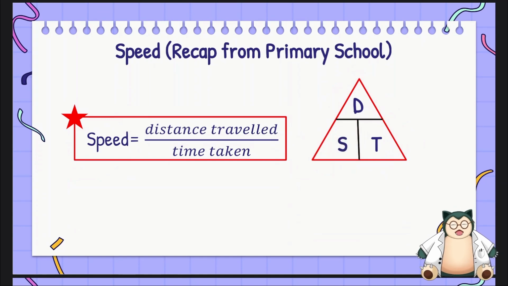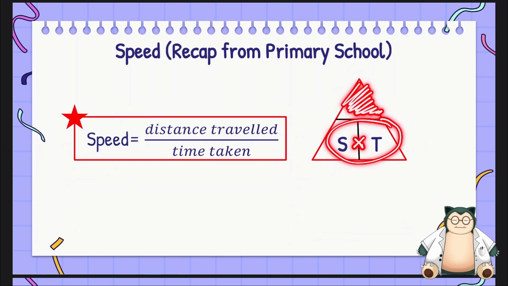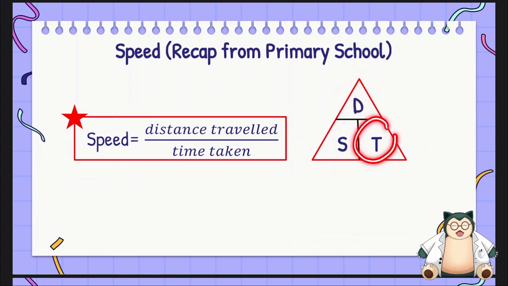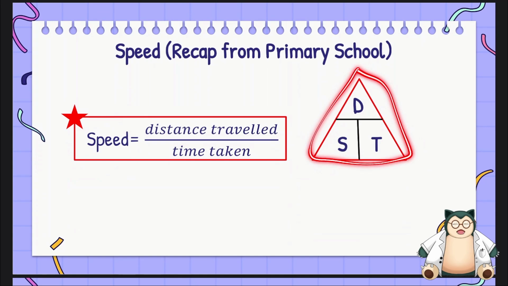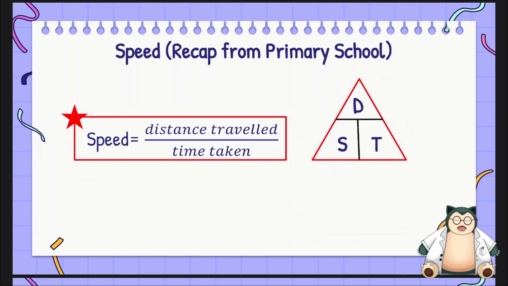If we want to find distance, we cover distance up. It's actually speed multiplied by time since they are on the same level. And if you want to find time taken, we cover this up and we interpret it as distance divided by speed. Okay, so this is how we use this triangle to calculate speed, distance or time.